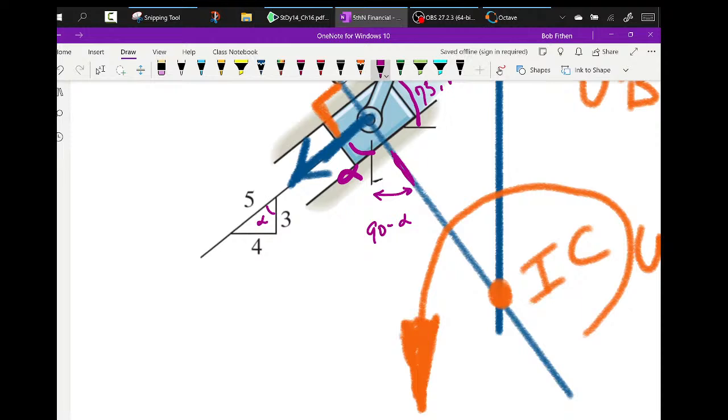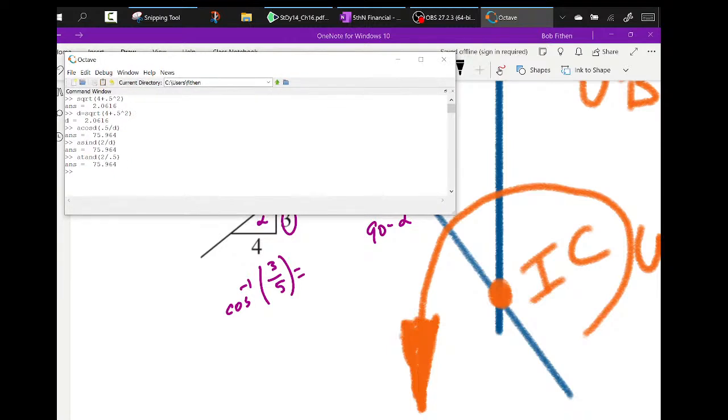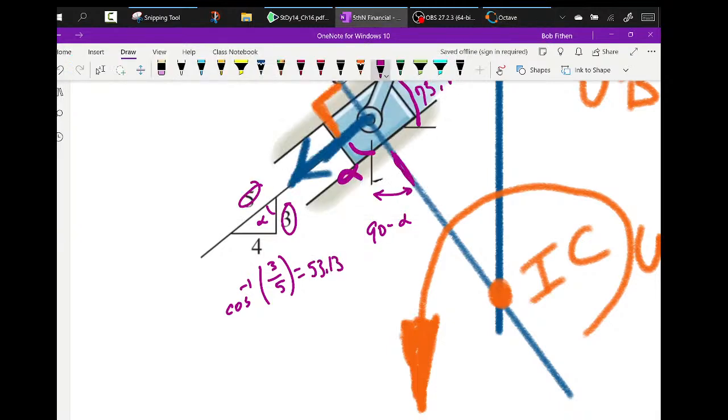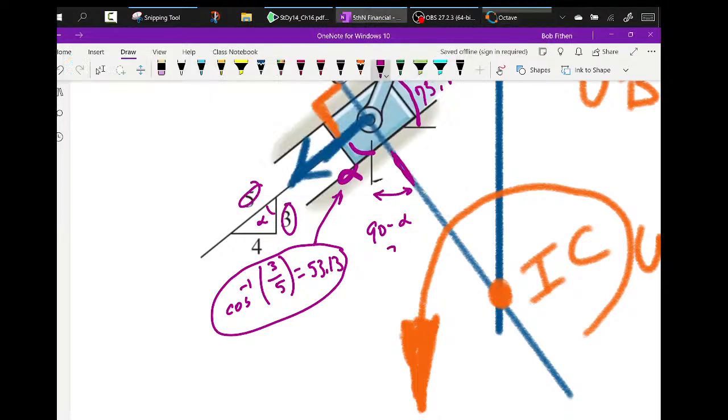So if this were alpha, this would be inverse cosine of the 3 and the 5. I didn't want to do this, but I guess that was maybe why I was doing things that way. I was trying to avoid it, because I don't like doing this. 53.13. Okay, so if this is 53.13, then this is 90 minus that, or 36.87.